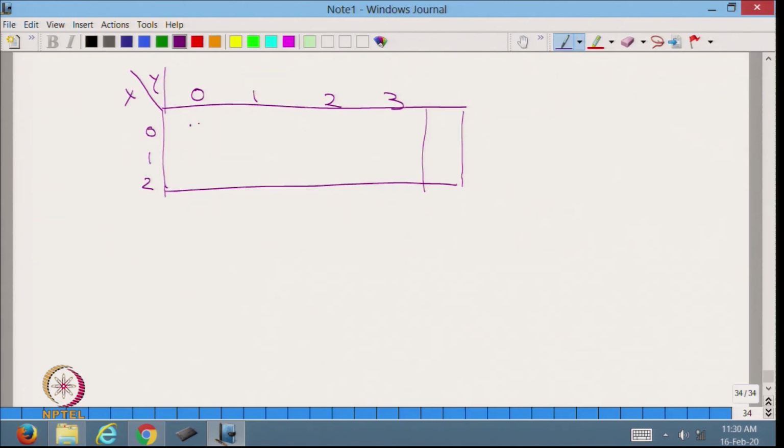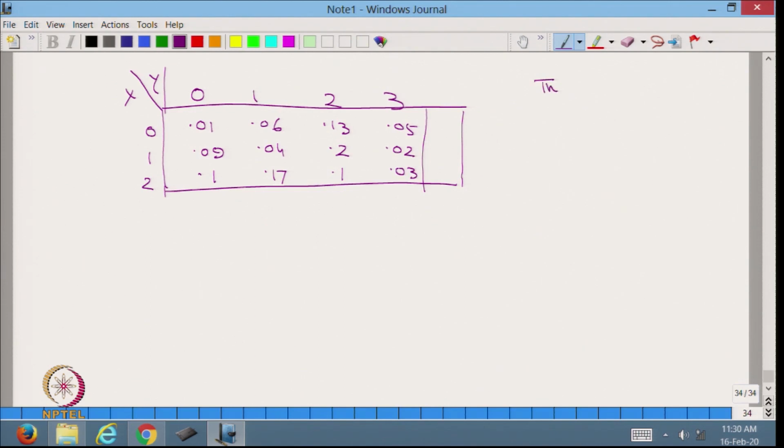Suppose these values are 0.01, 0.06, 0.13, 0.05, 0.09, 0.04, 0.2, 0.02, 0.1, 0.17, 0.1, 0.03. What does it mean?